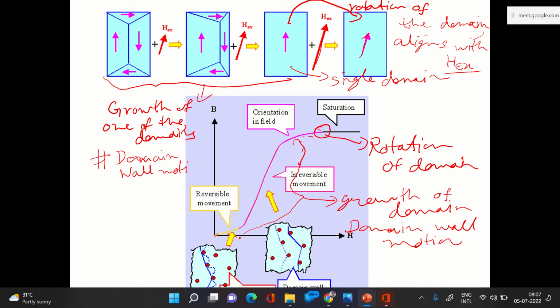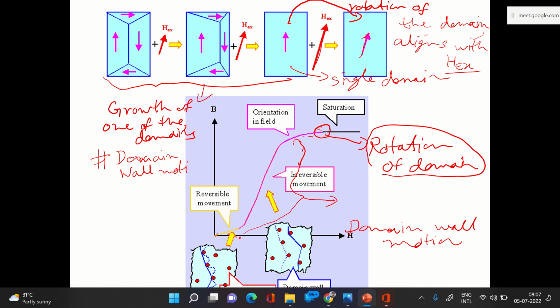So in summary, I can write only two words: rotation of the domain and motion of the domain wall. Rotation of the domain occurs at the final point, once you have achieved a single domain which is already very close in terms of alignment, but not yet aligned perfectly.